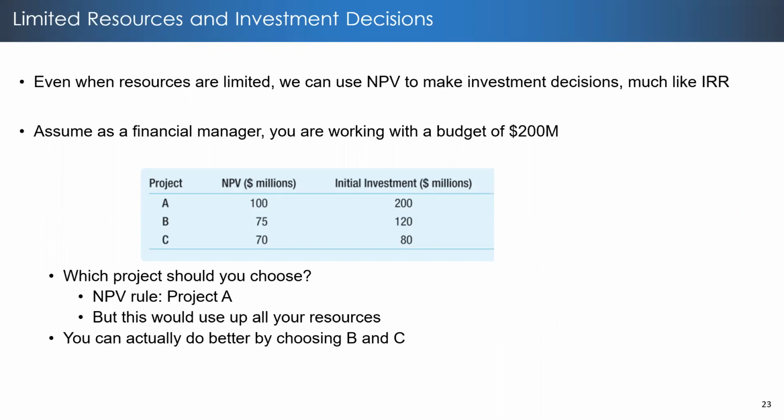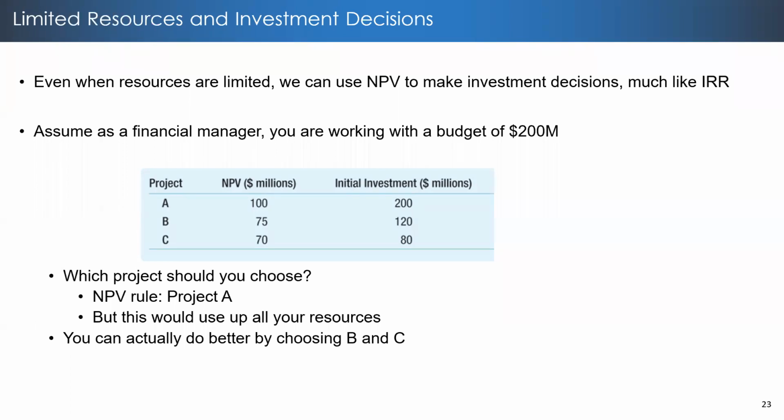If you calculate the same thing for B, we have 75 divided by 120. And for C, we have 70 divided by 80. So this is an interesting example.